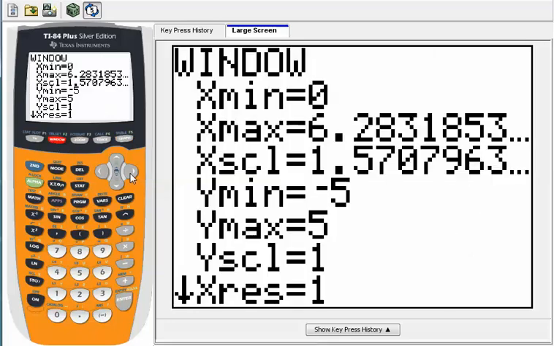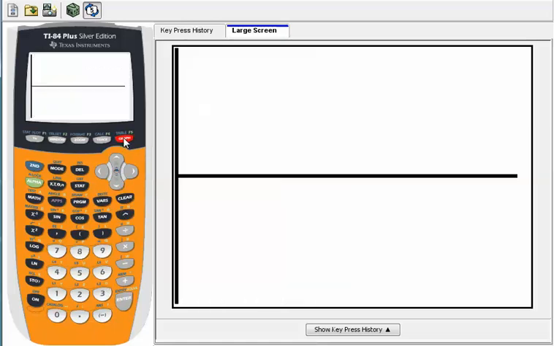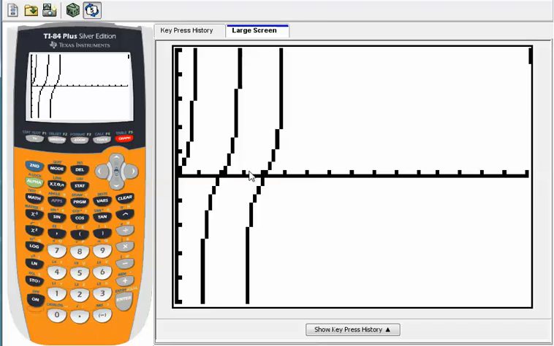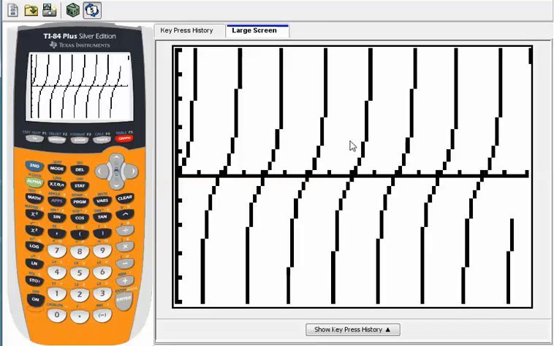Let me change my... Let's see more of this here. Instead of with 2 pi, how about 8 pi? This way we get to see more of it. Okay, there we are.